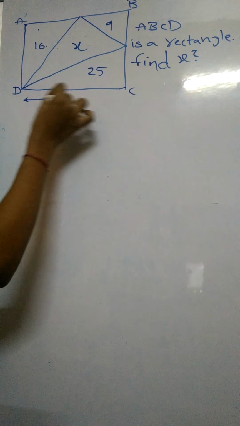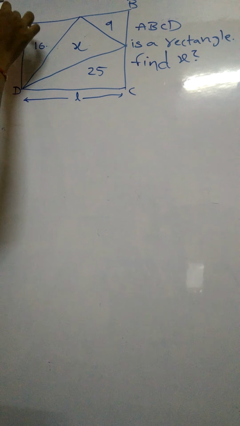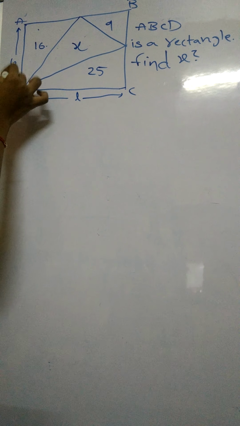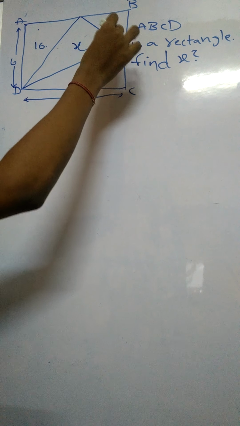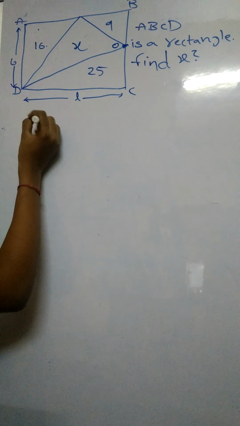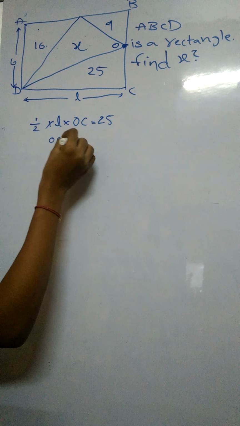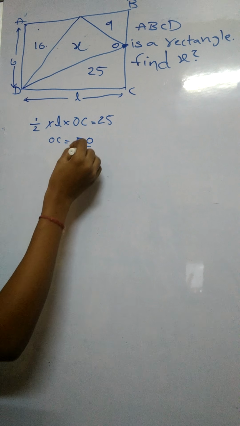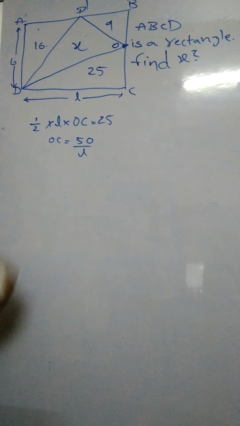Let this length be L and this be B. If this length is L, then let us point this as O. Half into L into OC is equal to 25, so OC is equal to 50 by L. Now we'll point this as D dash.